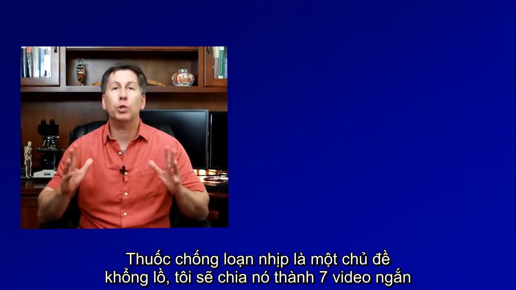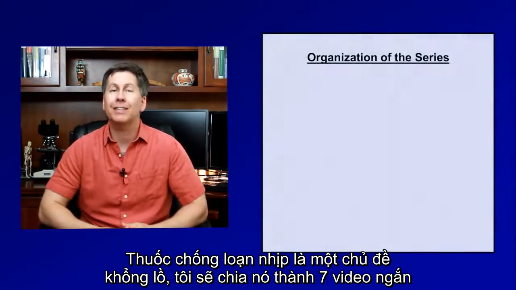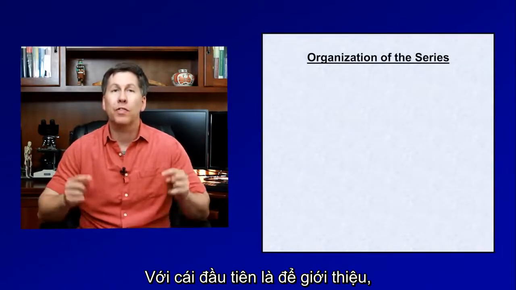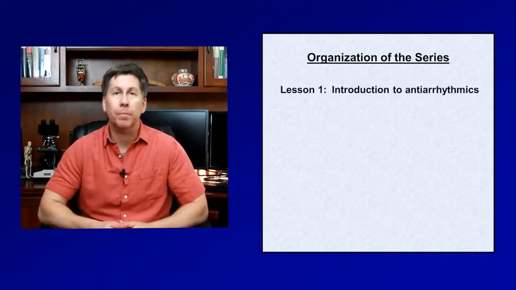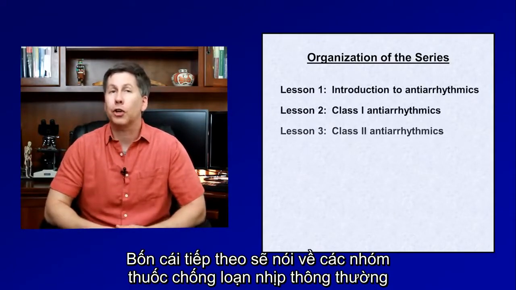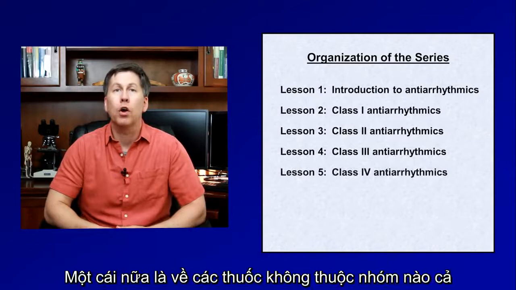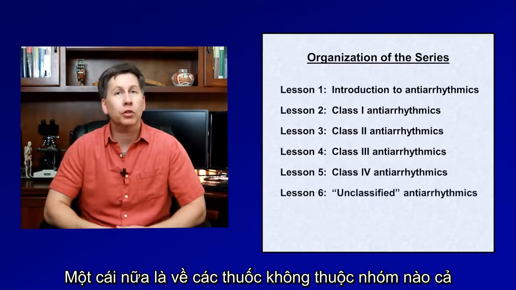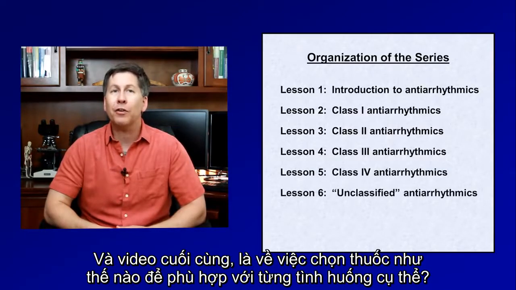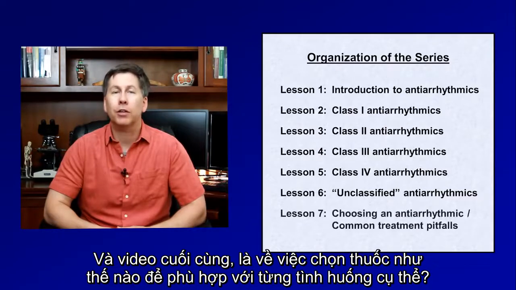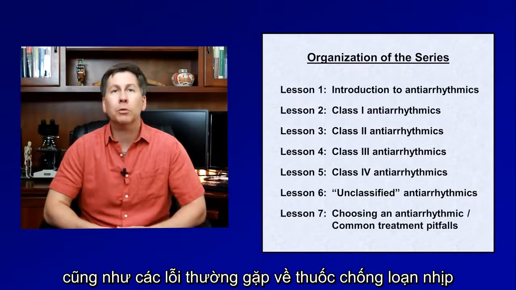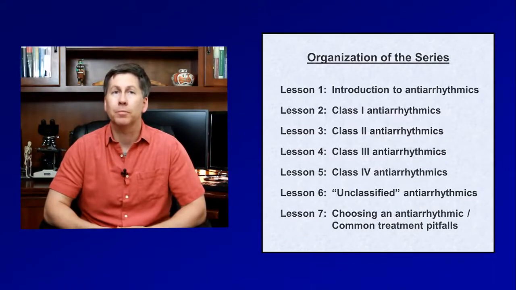Antiarrhythmics are a huge topic that I'll be dividing up into 7 brief videos, with this one serving as an introduction. 4 will be on the conventional classes of antiarrhythmics, 1 on those drugs which don't fall into a class, and a final video discussing how to select the appropriate drug for a specific situation, as well as some common antiarrhythmic pitfalls.